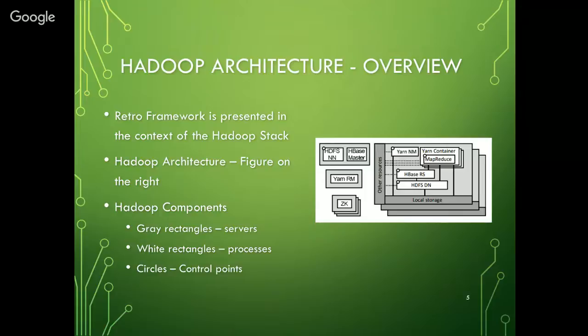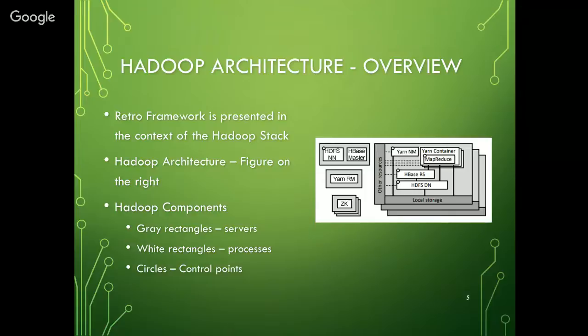Some Hadoop components we're going to be working with are the Hadoop Distributed File System, which is HDFS, Zookeeper, Yarn, MapReduce, and HBase. We're going to go over what each of these components does as part of the cluster.